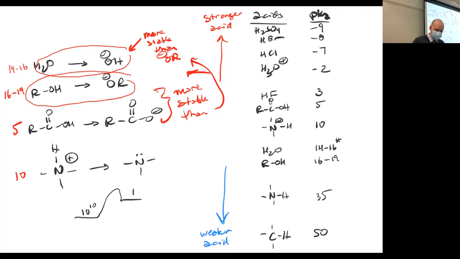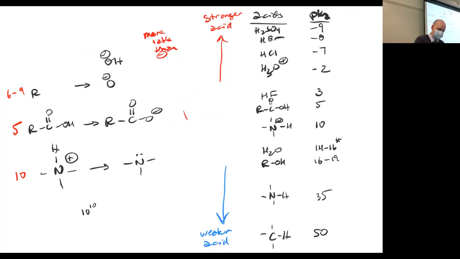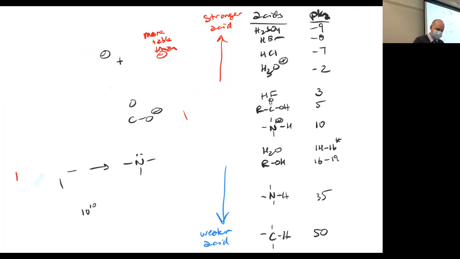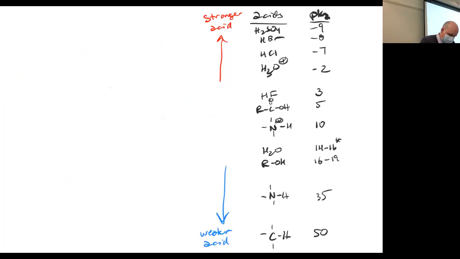All right, we got about 8 more minutes, and we have just carbon to talk about. All right, so there's 4 forms of carbon that are going to matter to us that we need to put in here. 3 of them are just sp3 compared to sp2 compared to sp.